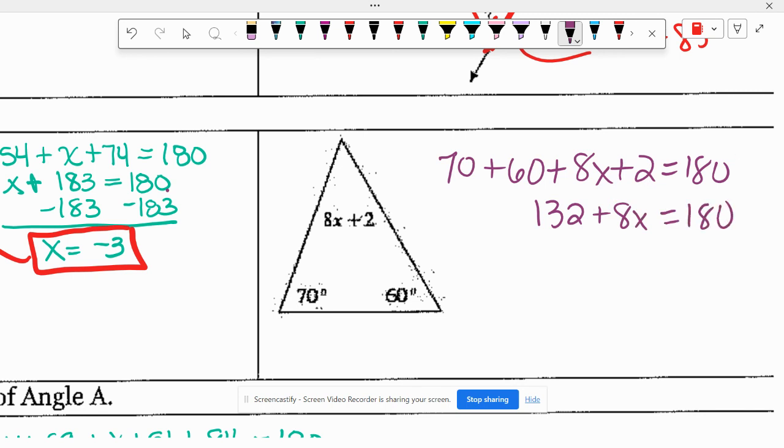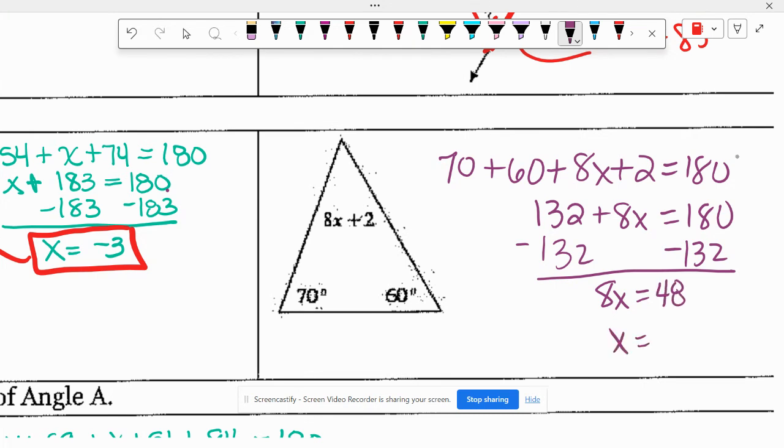What are we going to do next? Yeah, subtract 132 from both sides. So 8x equals 48, x equals 6. Your brain's just faster than my hand. That's fine. That's good.